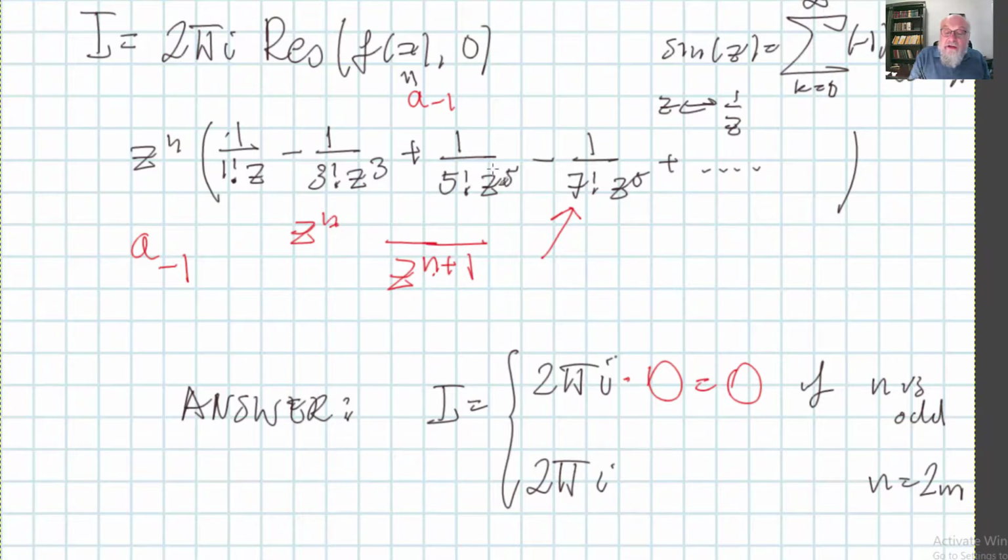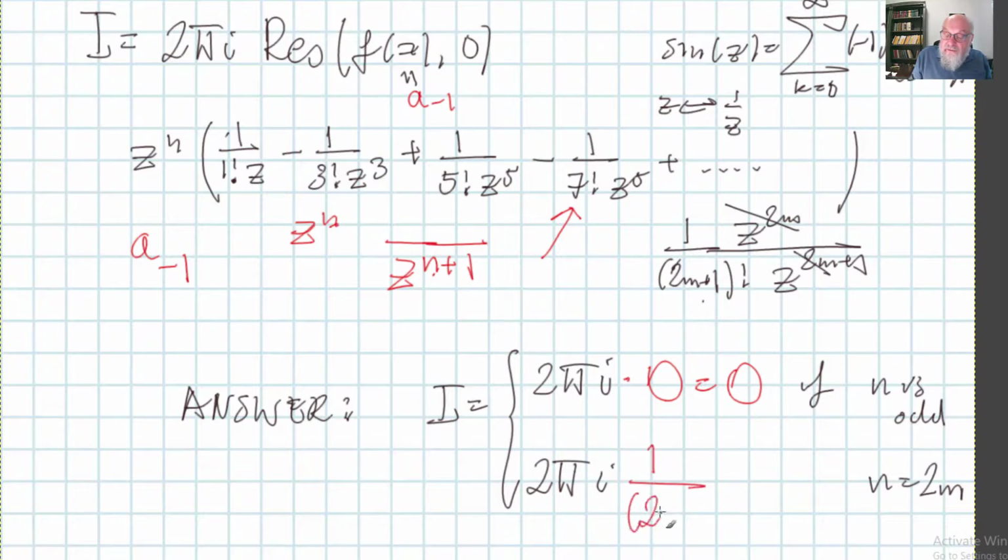This is even, so then it will appear like this: 2m+1 factorial, and then this power will be z^m, cancel, and we are getting the residue. So in this case it will be 1 divided by (2m+1) factorial, and this will be not 0. So we solved this problem.